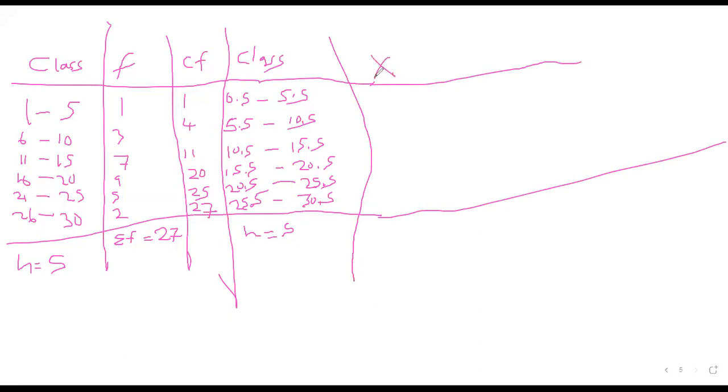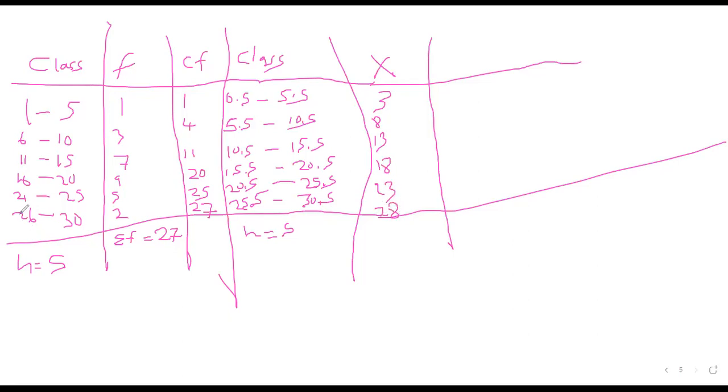Here we've got what is called the midpoint. The midpoint is found by adding the lower bound and the upper bound, divided by 2. So 1 plus 5 is 6, divided by 2 is 3. 10 plus 6 is 16, divided by 2, you get 8. Since we had a height of 5, the easiest way is to keep adding 5 throughout. So this will be 13, 18, 23, and 28.